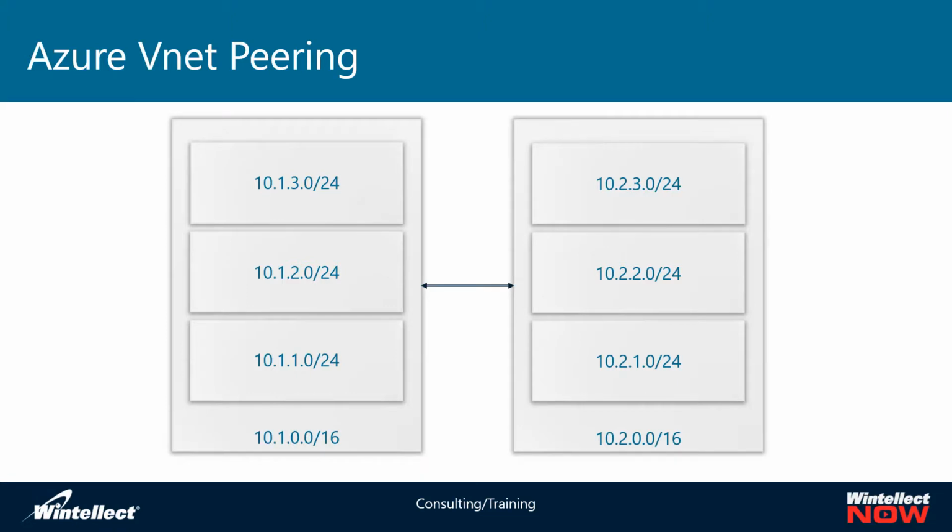However, there is a service that allows you to create network topologies on Azure where you can have a VNet in the West US and a VNet in the East US, and you can take those two VNets and peer them together. And that VNet peering allows you to have what is essentially a local area network or wide area network that is connected by way of a private connection between those.